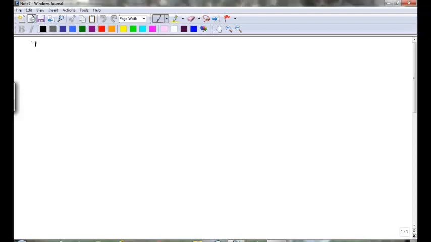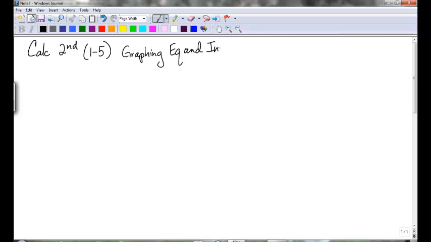Okay, this is the second day on section 1.5, graphing equations and inequalities. I'm going to go through an example on page 59, example 5.